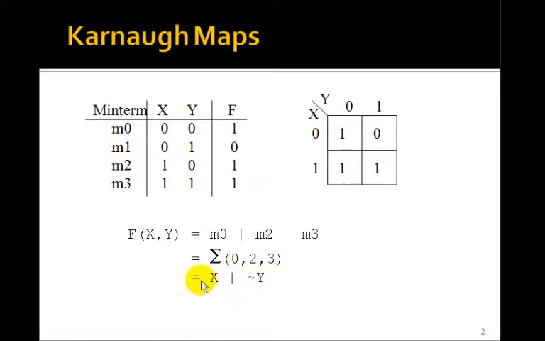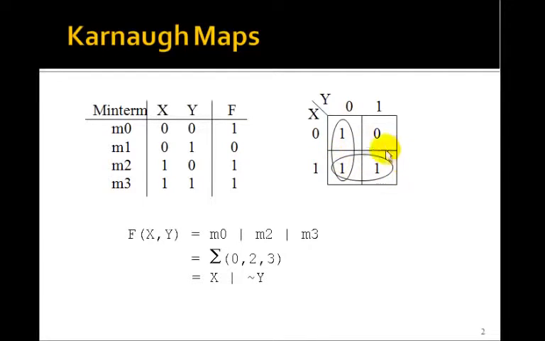The question is, can we get to here by looking first at these three min terms? And we do it by drawing a circle around adjacent ones in the Karnaugh map. So if we draw a circle around here, then we can draw a circle around these two. Now how does this work?